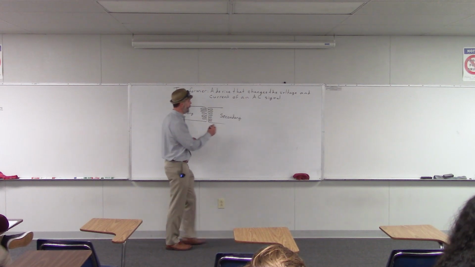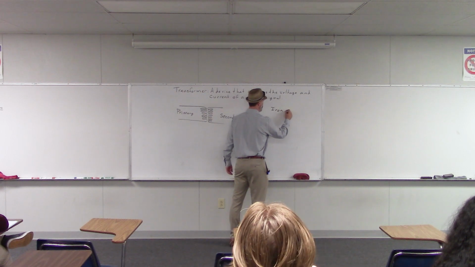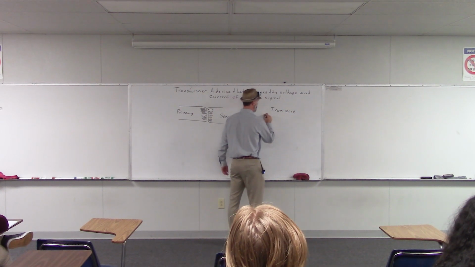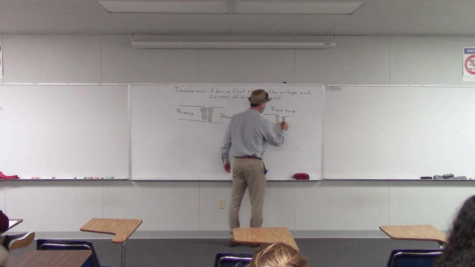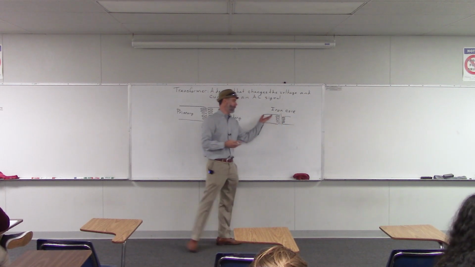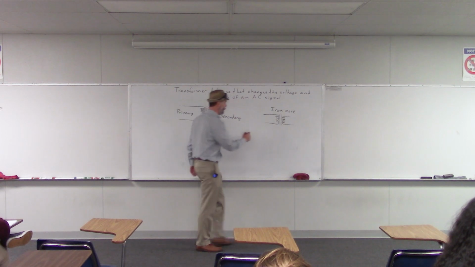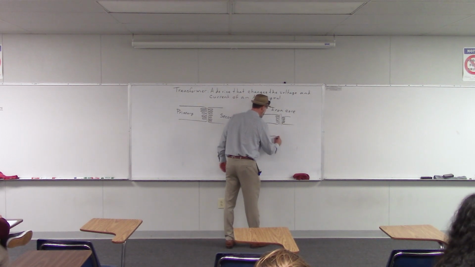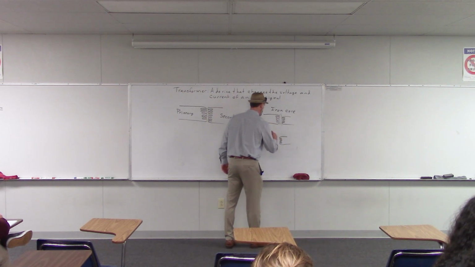And the symbol for an iron core transformer looks like this, same as normal, but it's got two lines in the middle to represent that iron core. If there are no lines in the middle, we call that an air core transformer. It's just wrapped around air.